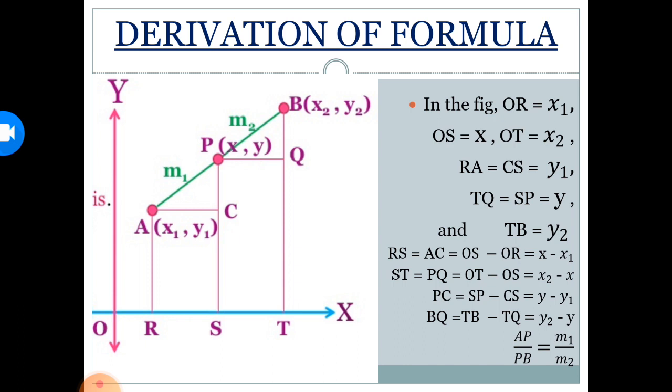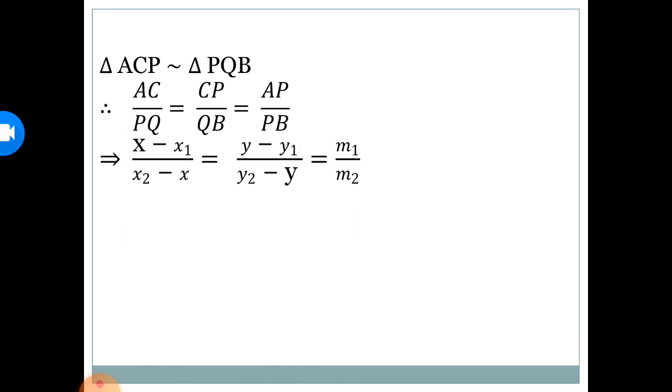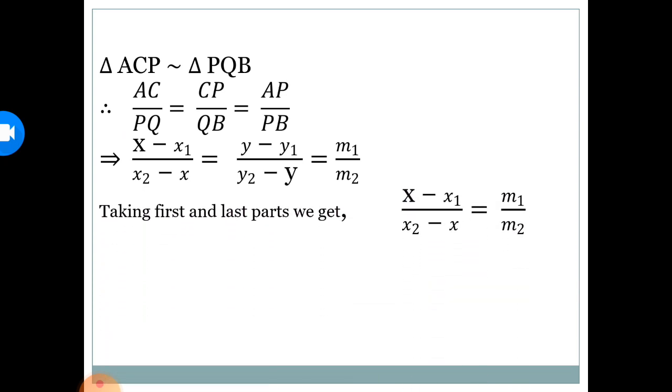Now children, we can see that triangle ACP and triangle PQB are similar to each other by AA similarity criterion. So if the triangles are similar, their corresponding sides are proportional. That is, we can write AC upon PQ equal to CP upon QB equal to AP upon PB. Now putting the distances, we get (x minus x1) divided by (x2 minus x) equal to (y minus y1) divided by (y2 minus y) equal to M1 by M2.